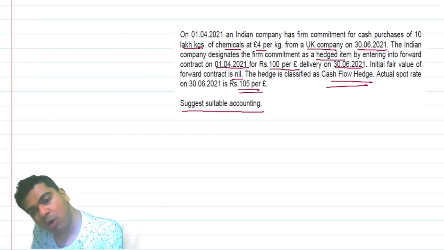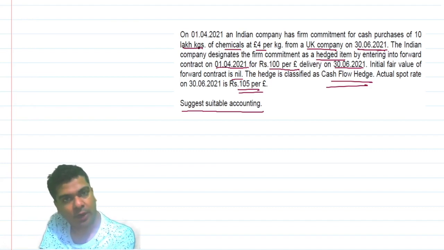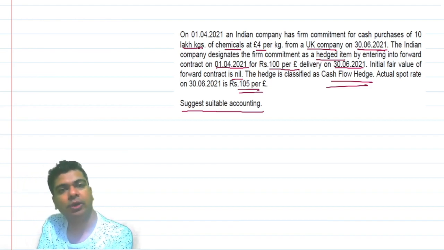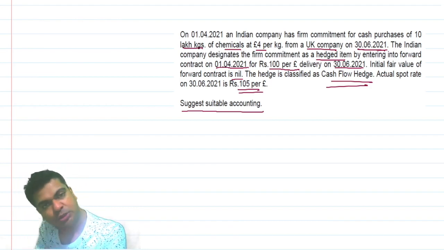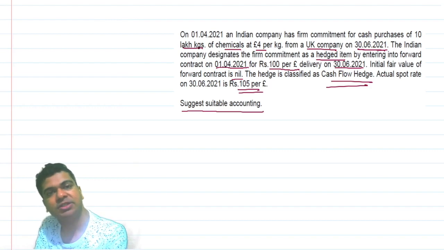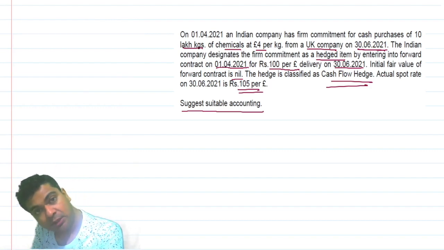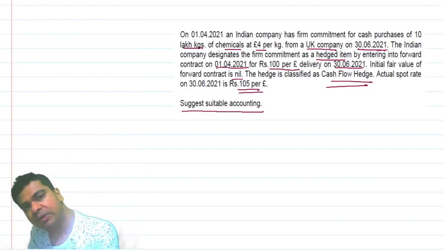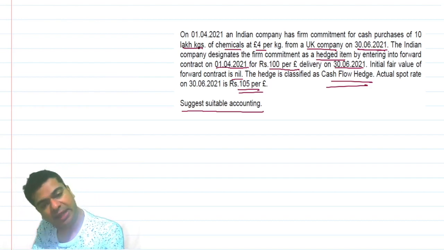And this will be done on 30th June 2021. Now it's very natural that if you are going to purchase, this inventory is going to get affected. I mean, the purchase cost is going to get affected by the changes in the exchange rates, right? Today's exchange rate will not be the exchange rate also on 30th June 2021. There shall be a change in the exchange rates.